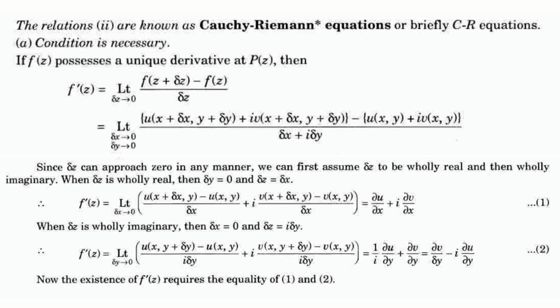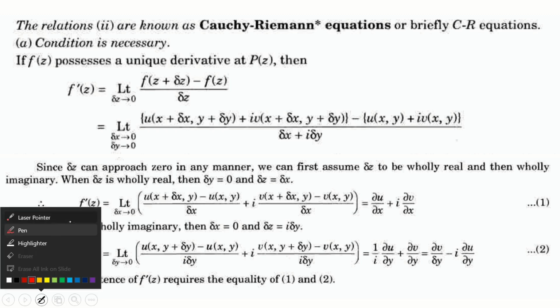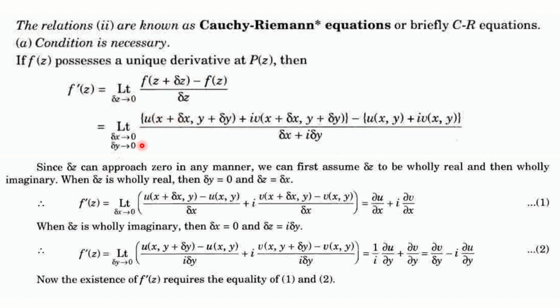I am assuming that f(z) has a derivative at a point p(z), then I can write f'(z) equals the limit as delta z tends to 0. This is the basic limit definition. There is nothing difficult to understand here. So as delta z tends to 0, I can write the same thing as the limit as delta x tends to 0 and delta y tends to 0.